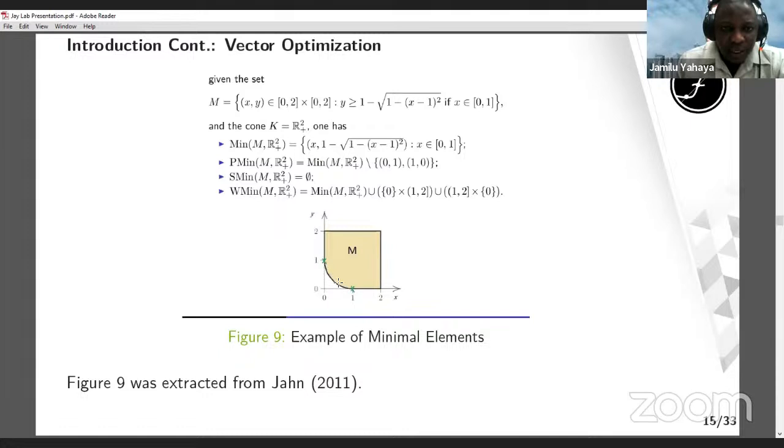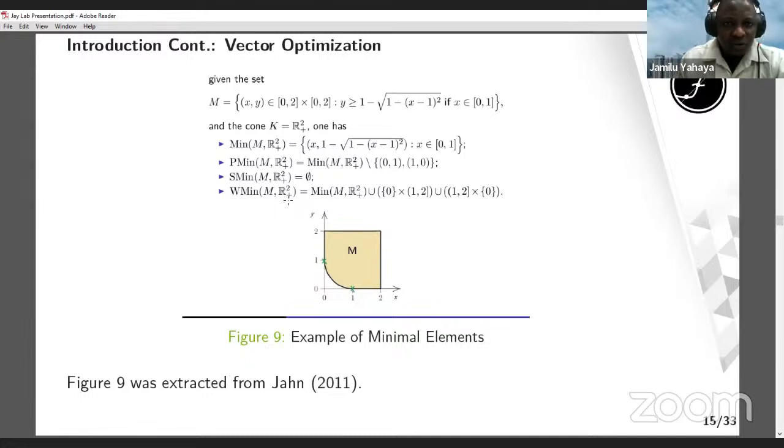The interval between them, including 1 and 1 on the Y and X axes, is where we have the minimal elements. Minimal elements are more important in reality than the strongly minimal here.